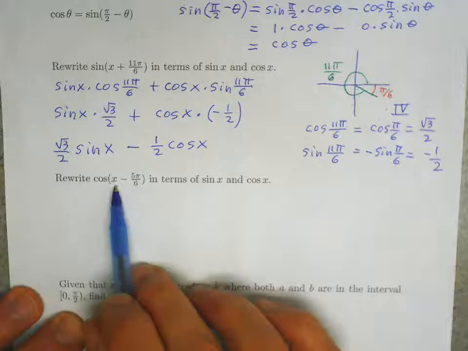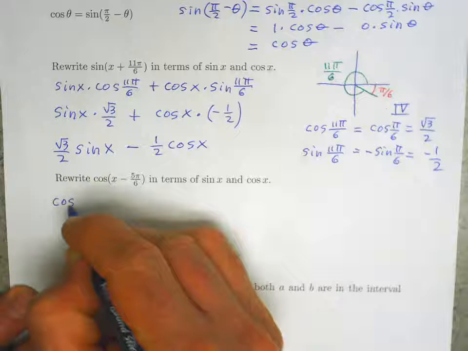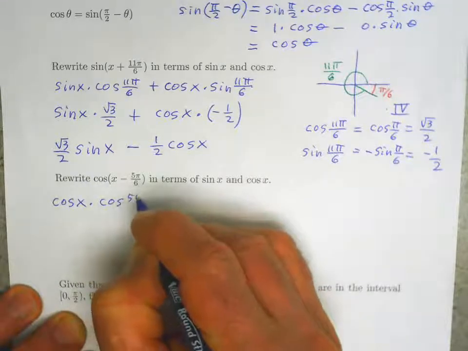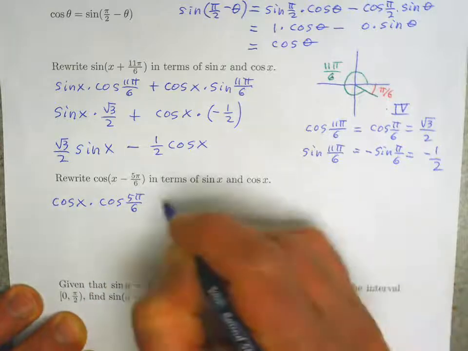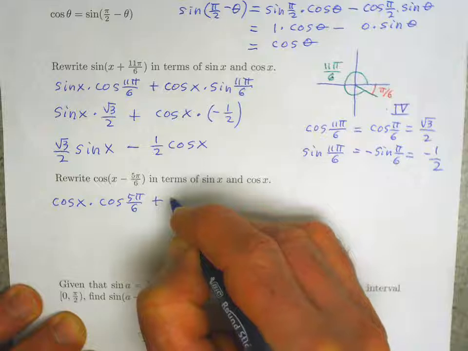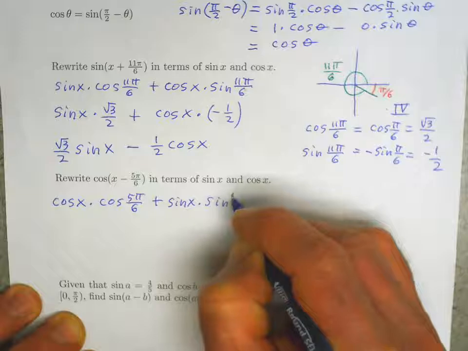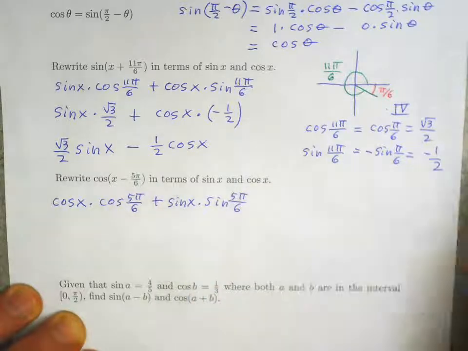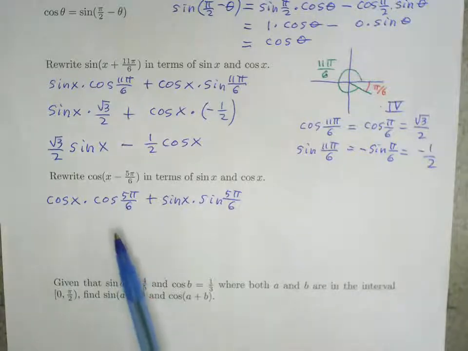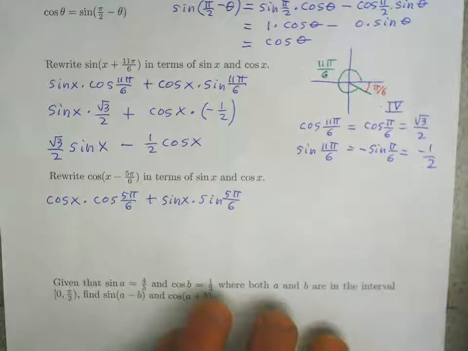So cosine of x minus 5 pi over 6 is cosine of x times cosine of 5 pi over 6, and then plus sine of x times sine of 5 pi over 6. We can evaluate cosine of 5 pi over 6 and sine of 5 pi over 6.